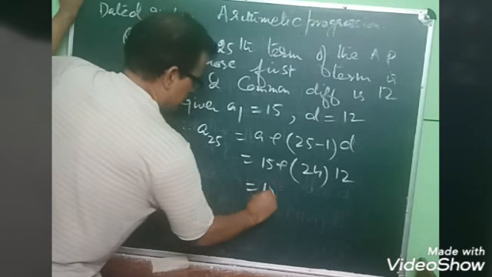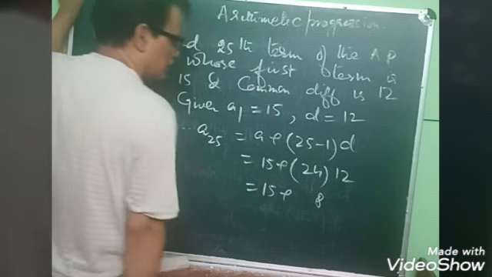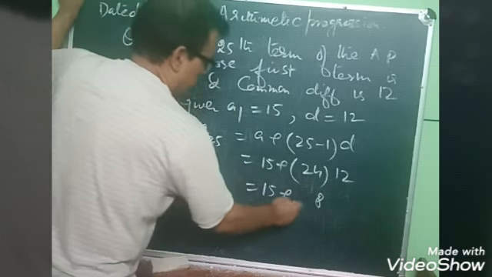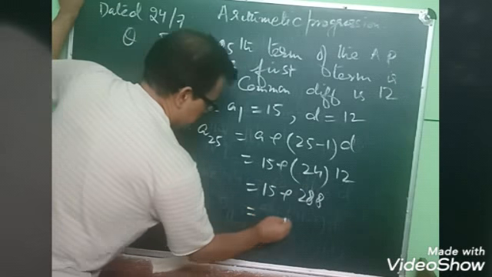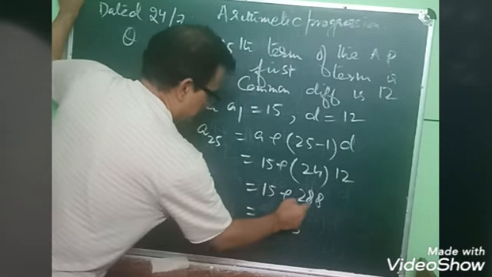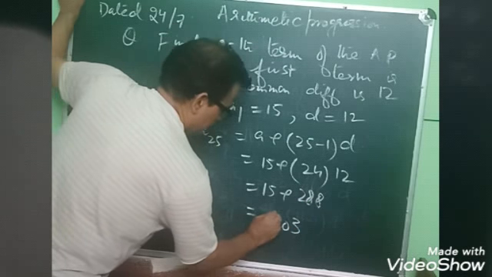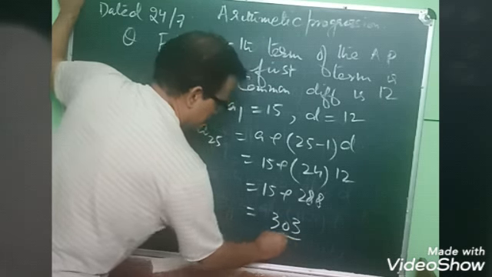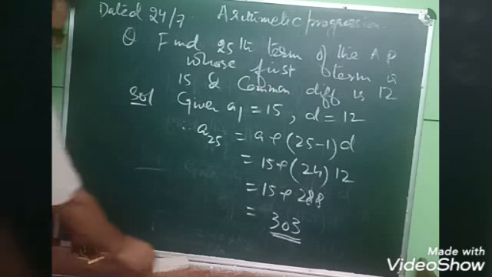It is 15 plus 12 fours are 48, 12 twos are 24, and 4 is 28. So adding this, 8 and 5 is 13, 8 and 1 is 9 and 1 is 10, and it is 303. So this is the answer for the question.